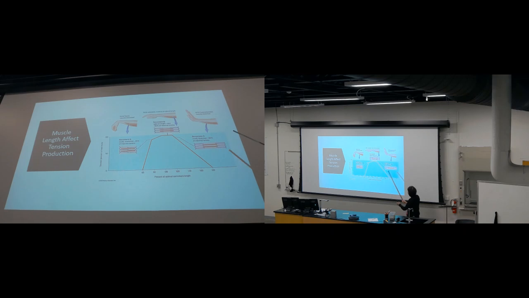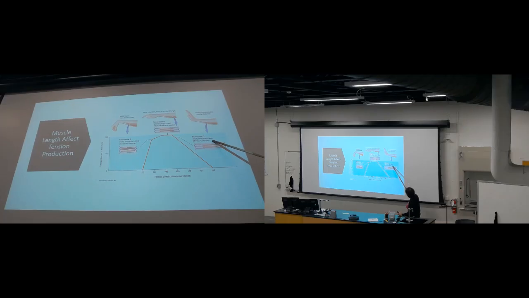And similarly, if you hyperextend, your muscle becomes stretched. So in this case, you pull away actin, increasing the length of your sarcomere. You pull away the heads of actin that might be here, the heads of myosin that are in here, that cannot interact with actin.